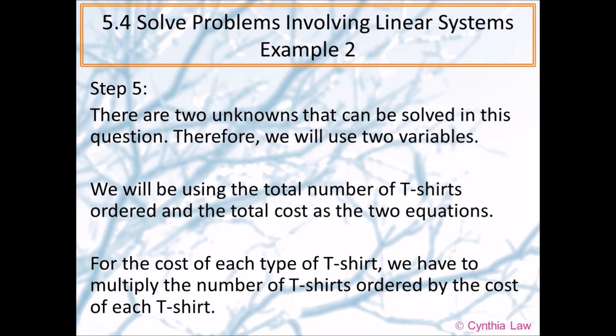So if I have G t-shirts ordered and the cost is $12 each, then the total cost of my graphing t-shirts would be 12G. For the fraction t-shirt, because I use F as the variable, I have to multiply 10 by F to calculate the total cost of the fraction t-shirts. And then when I add those 2 together, I am going to have $730.